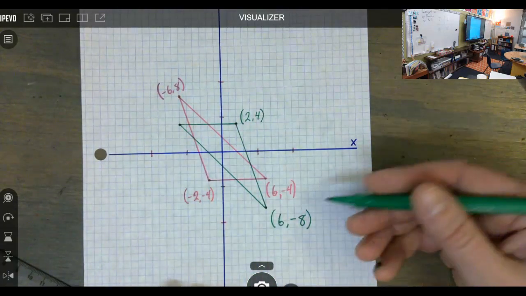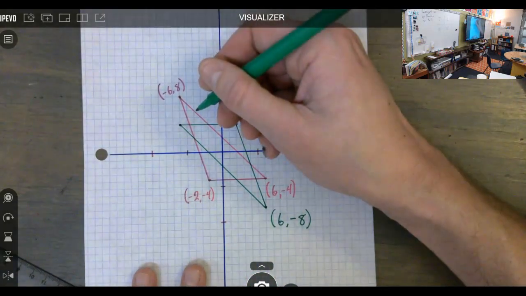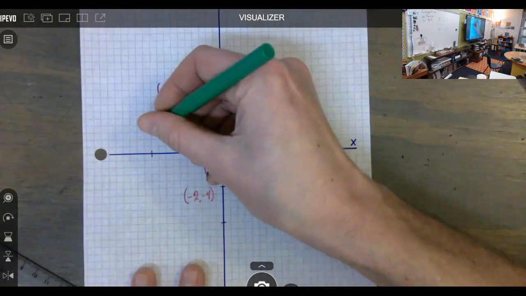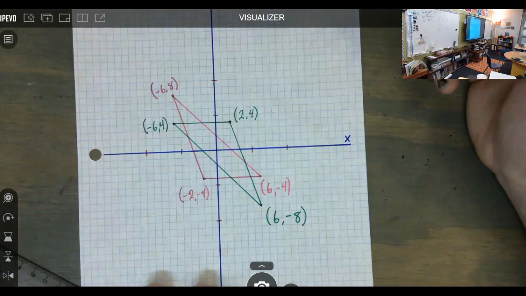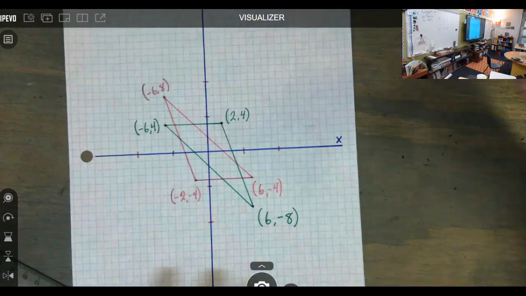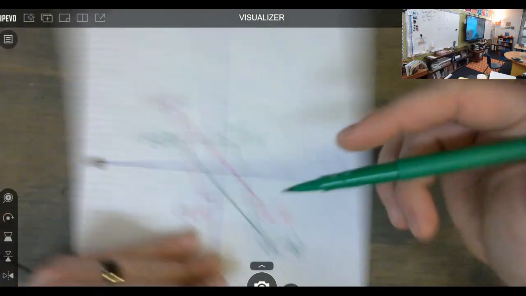What happened? How does the green shape compare? So this is -6. What did multiplying by -1 do? It didn't mirror flip it.